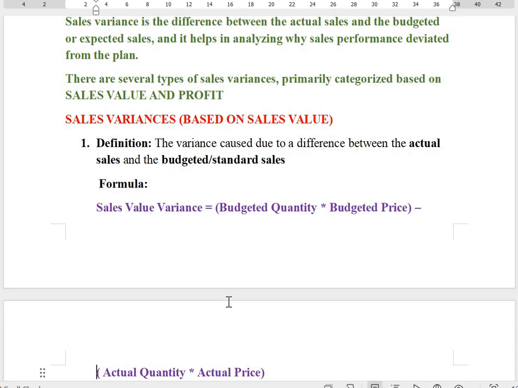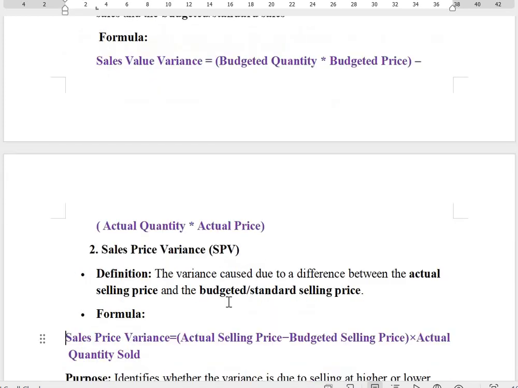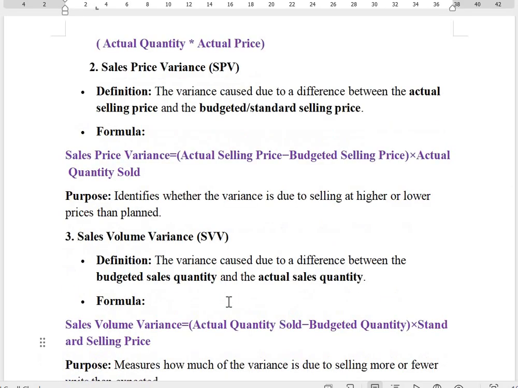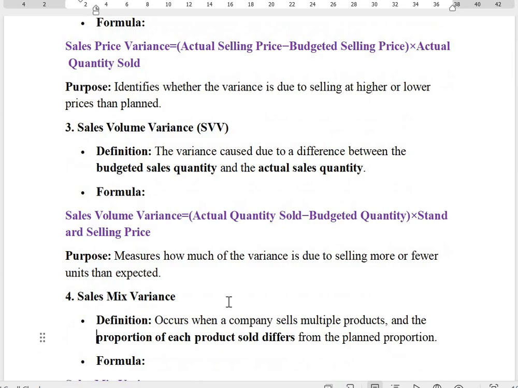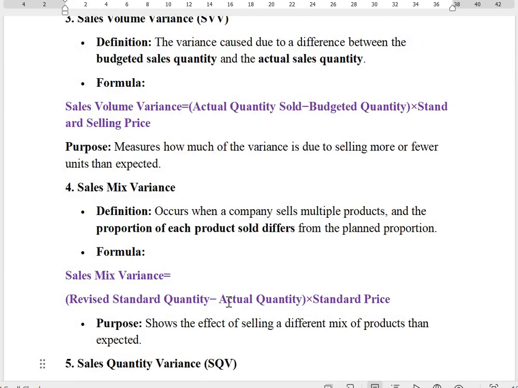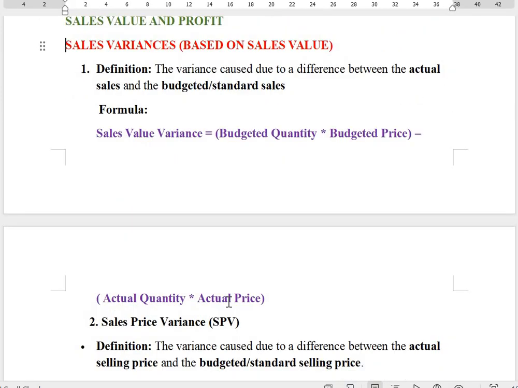In order to compute it, we are going to calculate the sales value variance, the price variance, then the volume variance, that is quantity variance. Then, if we use a different sales mix, we are going to find the sales mix variance, and the last one will be the sales quantity variance. These are the five variances we are going to compute on a value basis.